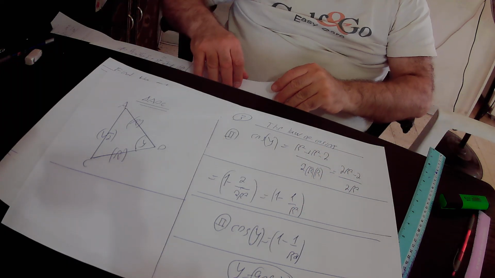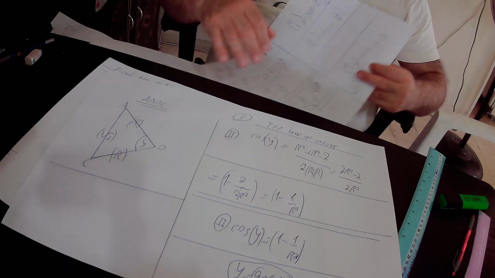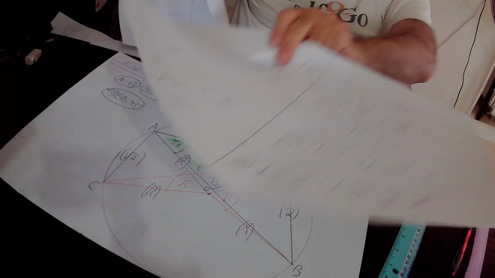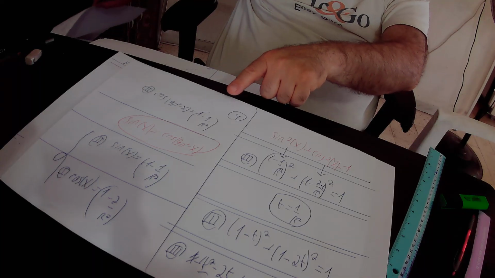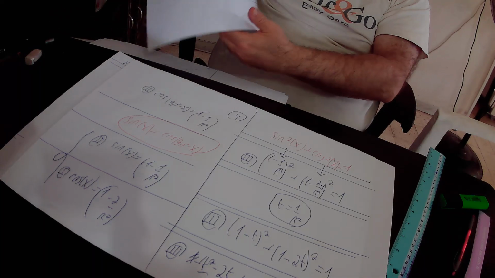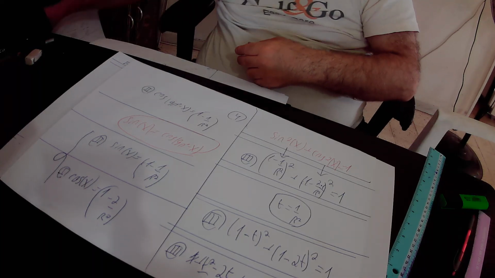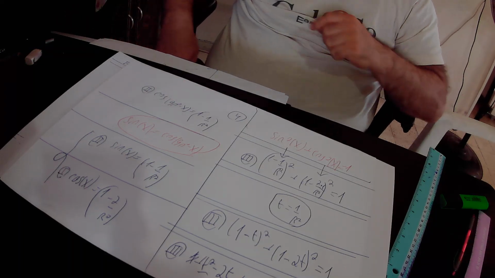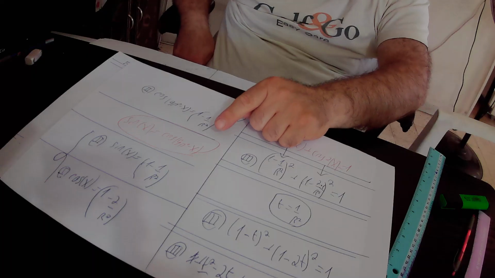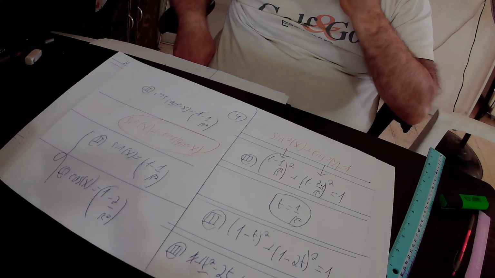But again, we found out that cosine of 90 degrees minus x equals 1 minus 1 over r squared. We also have the trigonometric identity that states that sine x equals cosine of 90 degrees minus x.